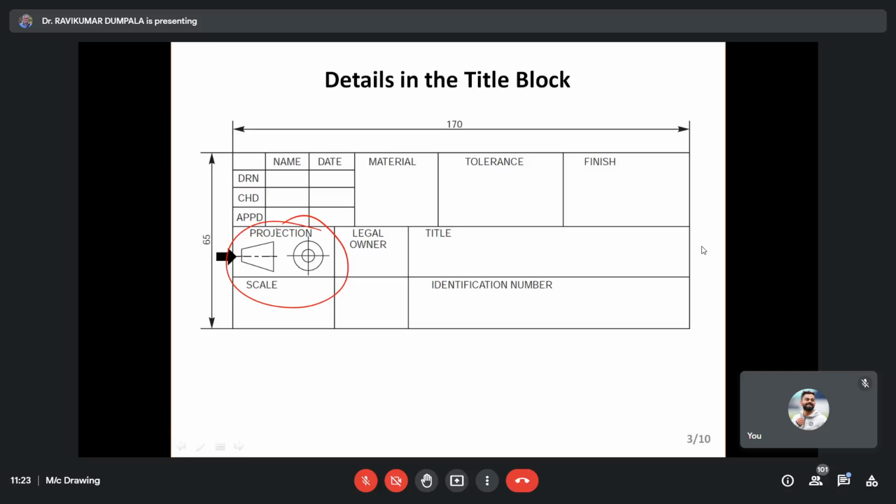You're seeing a symbol right there. Is it first angle projection or third angle projection? First angle. So how are you telling it is first angle projection? Based on what?